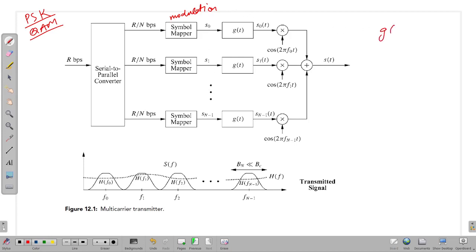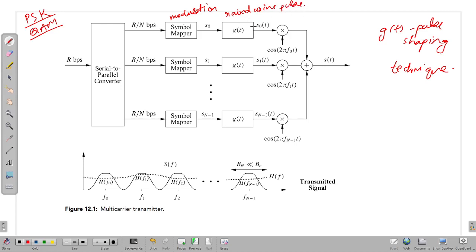So g of t is a pulse shaping technique, and mostly the technique used is a raised cosine pulse.